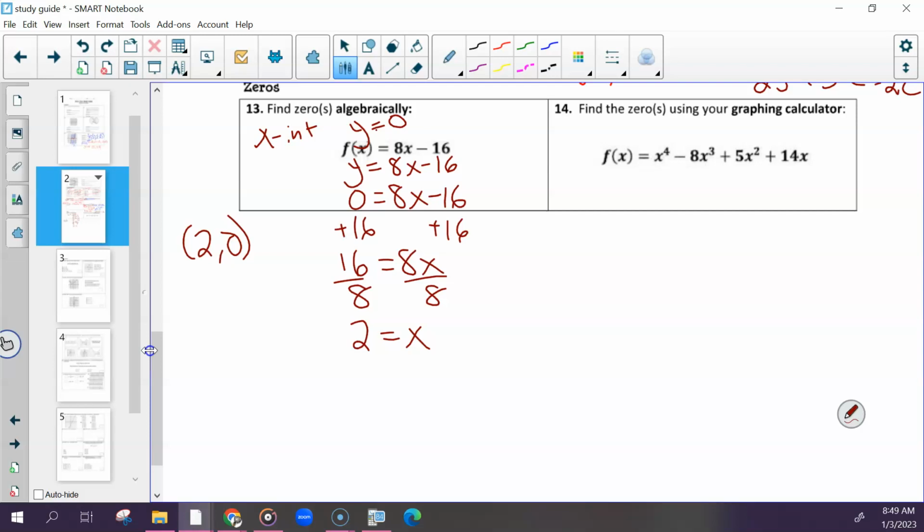If it said find the y-intercept, ladies, please don't talk over me. If it said find the y-intercept, what would it be? Are you asking for the x value or the total? For the y value. For the y-intercept.